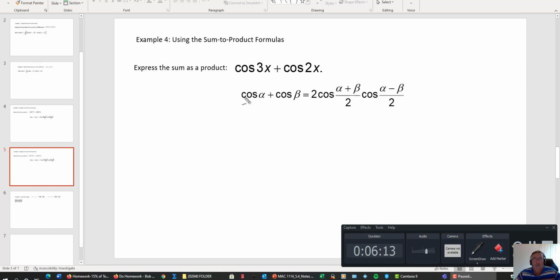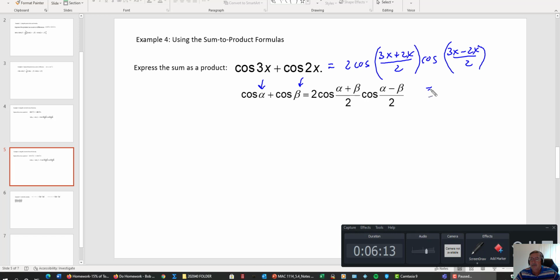All right, example 4, one more of these where we're taking the sum and rewriting it as a product. Let's take the cosine of 3x plus the cosine of 2x. Just make sure that you're getting these formulas lined up and substituting well. So this would equal 2 times the cosine of (3x plus 2x) over 2 times the cosine of (3x minus 2x) over 2.